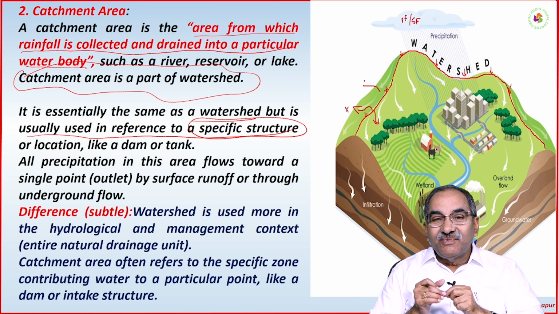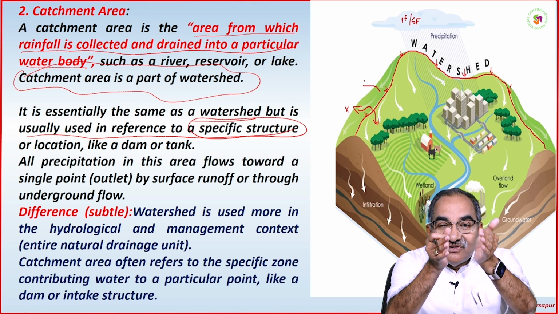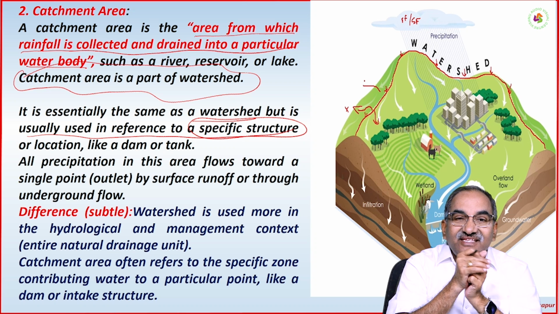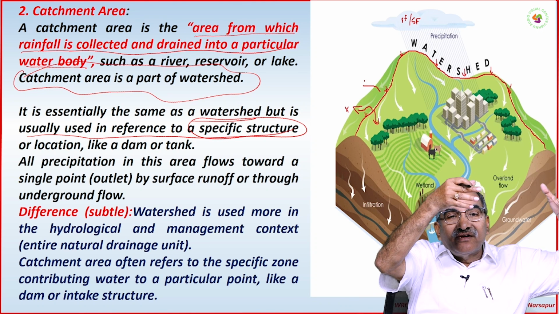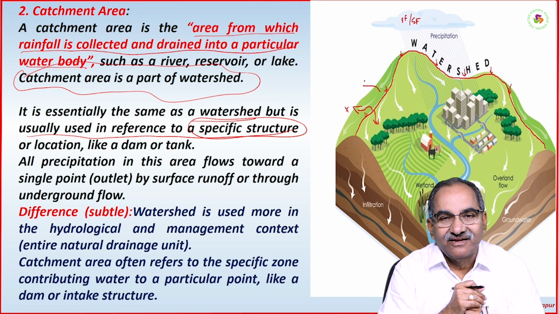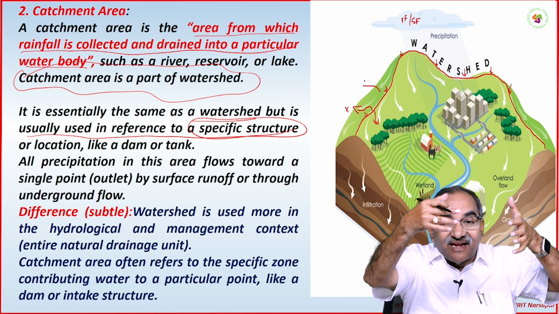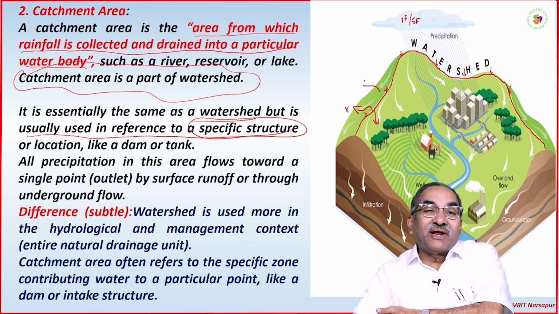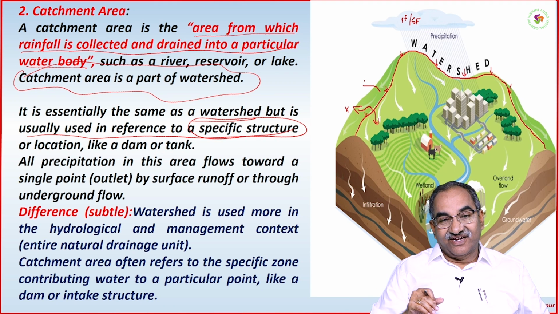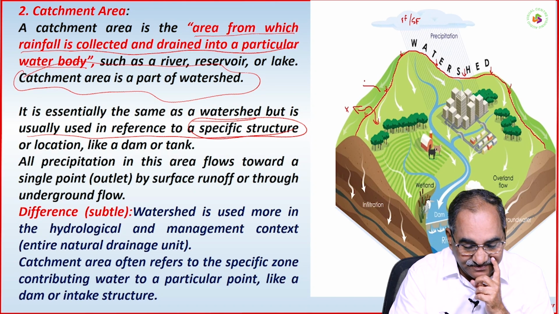Whereas a catchment means the area from where the water is being contributed to that particular dam. For example, what is the catchment area at Srisailam? So what is the area that is contributing the runoff to the Srisailam dam? That is what we need to understand. Suppose Prakasam barrage catchment. So what is the area from where the runoff is being collected and stored near the Prakasam barrage? All these are part of the Krishna watershed, but these are specific locations we are talking about.